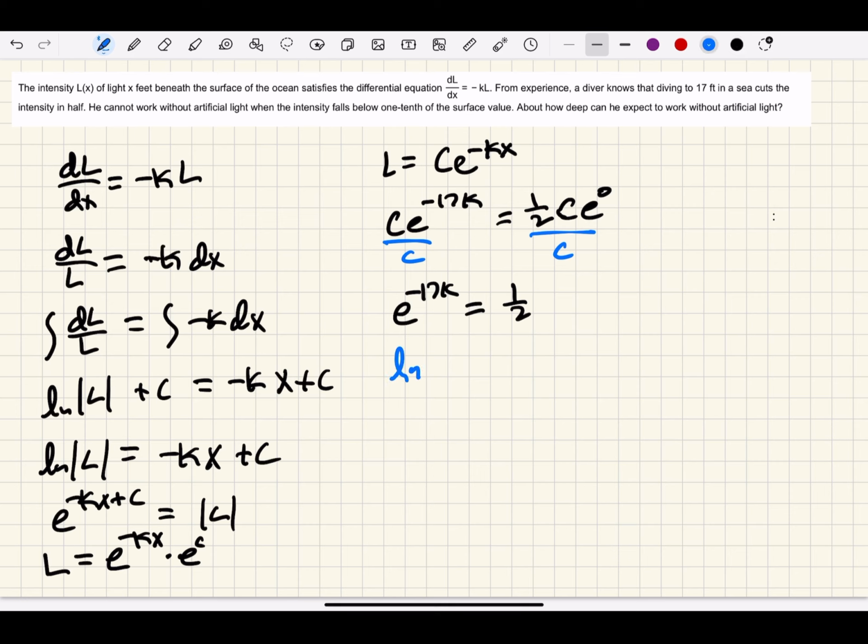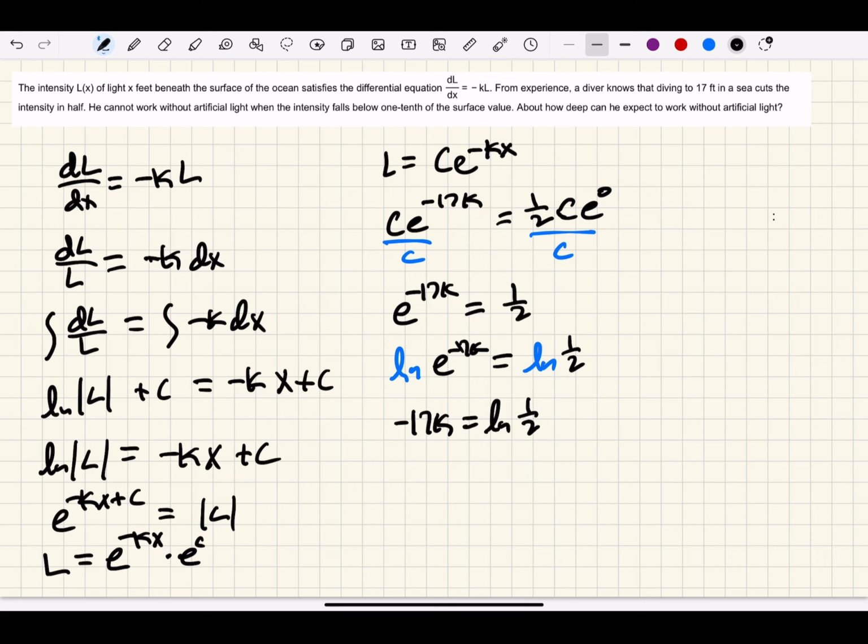If we were to take the natural log of both sides, we would have the natural log of e raised to the minus 17k equal to the natural log of 1/2. But the natural log of e raised to any power is just that power, so we have minus 17k equal to the natural log of 1/2.